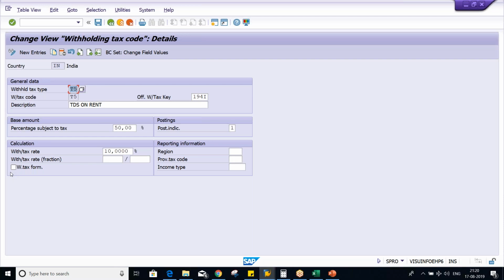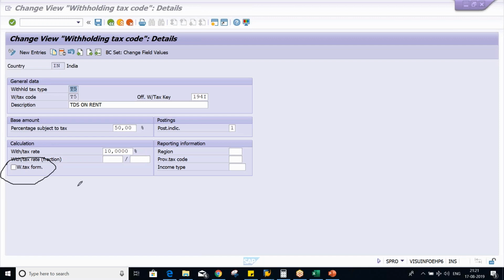Formula in the sense certain criteria: if the amount is from this much to this much, then this much percentage will apply. If the amount is from this range to this range, then this much percentage will apply. Likewise, certain conditions are there. So in that case, we have to define the formula, and for that we use this field, right? So likewise, we have several differences, guys.